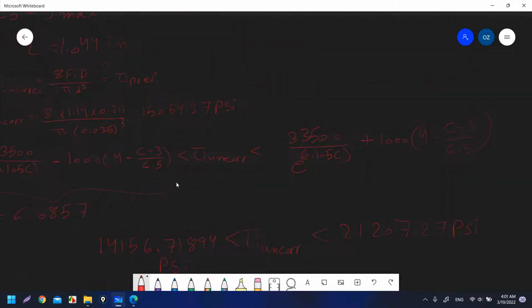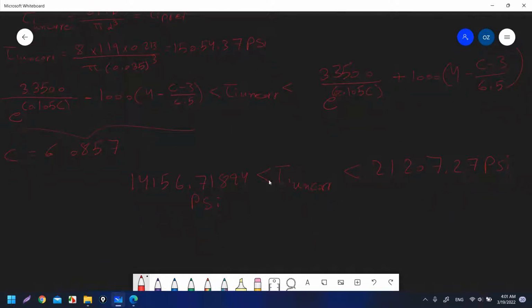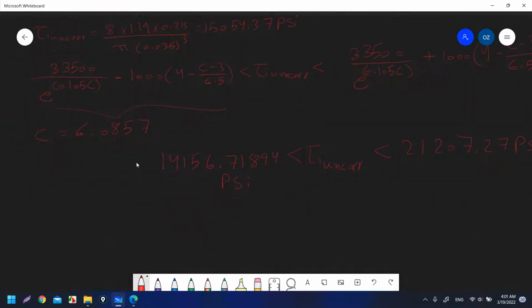My value for Ti, the uncorrected, is 15054.3, so it is between them, so it is in the preferred range.